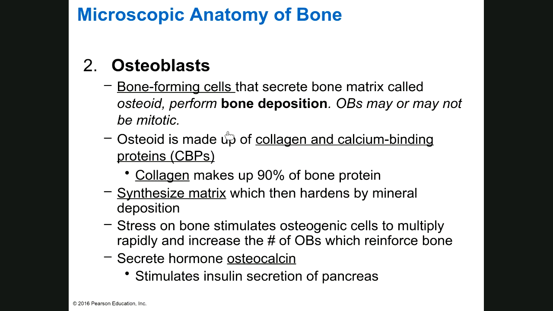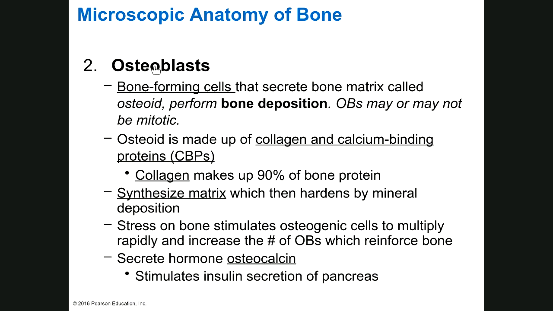So your first really important one here is the osteoblast. I will often abbreviate this as OB. What do you need to know about these extremely important bone cells? They form bone. Remember, this is a developmental cell.